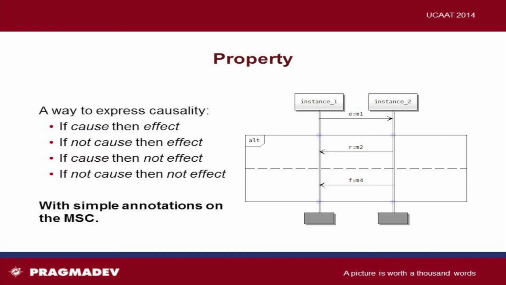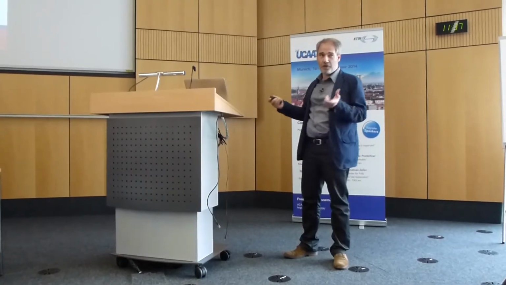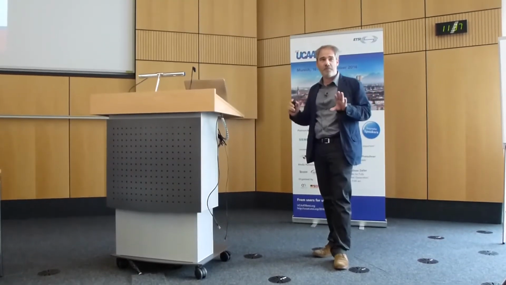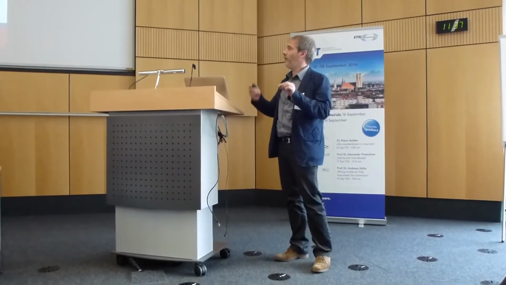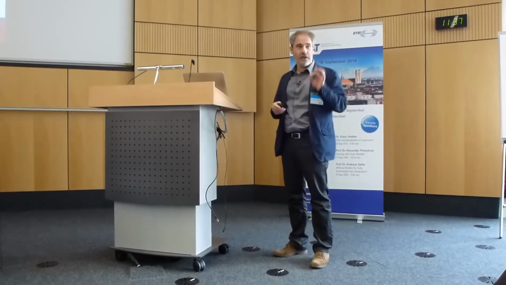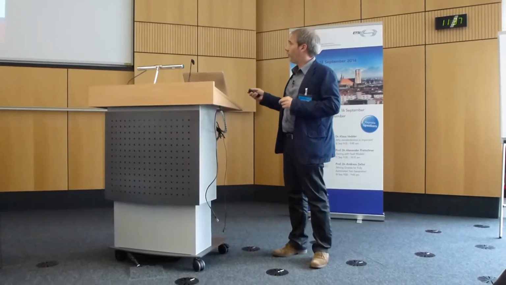Let's say, if M1 is sent from instance 1 to instance 2, then required M2 should be sent back from instance 2 to instance 1. But if you get M4, then it's a fail. Okay, so actually you have expressed a very basic property in that case. If this happens, then this should happen, or this should not happen. Okay, just with an annotation on the diagram.